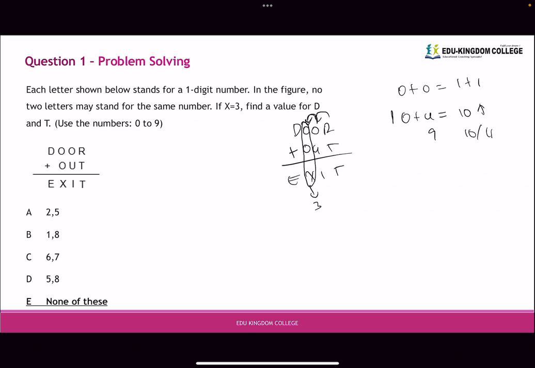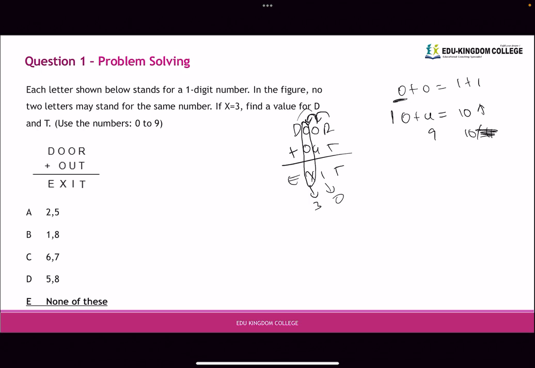But if it's a 10, then I is going to be 0. If it's an 11, I is going to be 1, so it can't be 11, because 1 was already used up by our O. So O is 1, I cannot also be 1, so our I has to be represented by 0, and a 1 gets carried over.